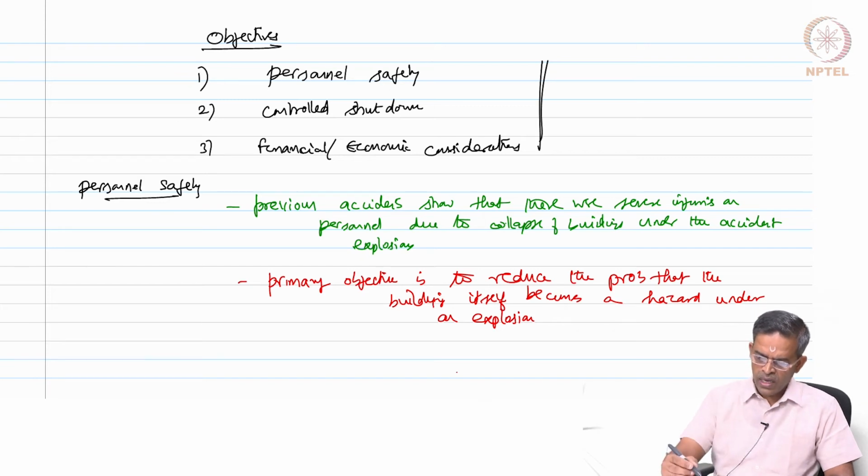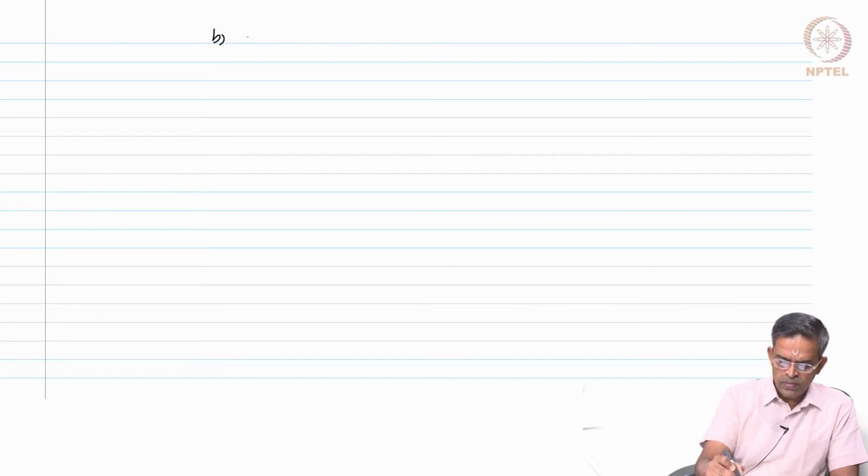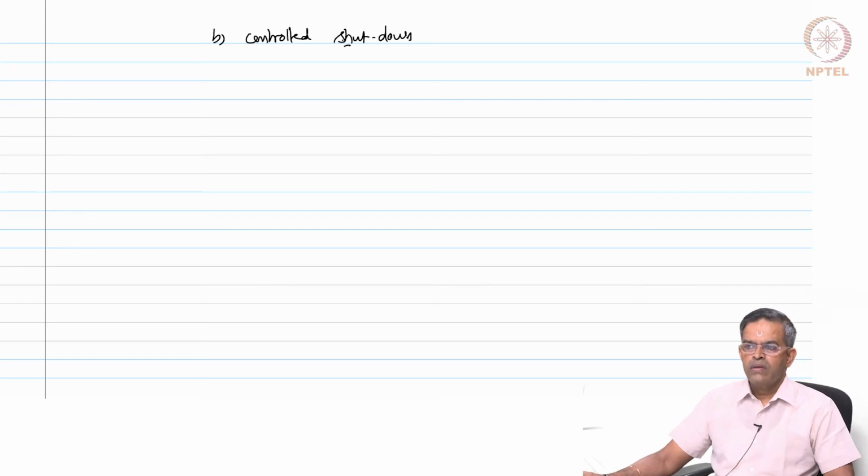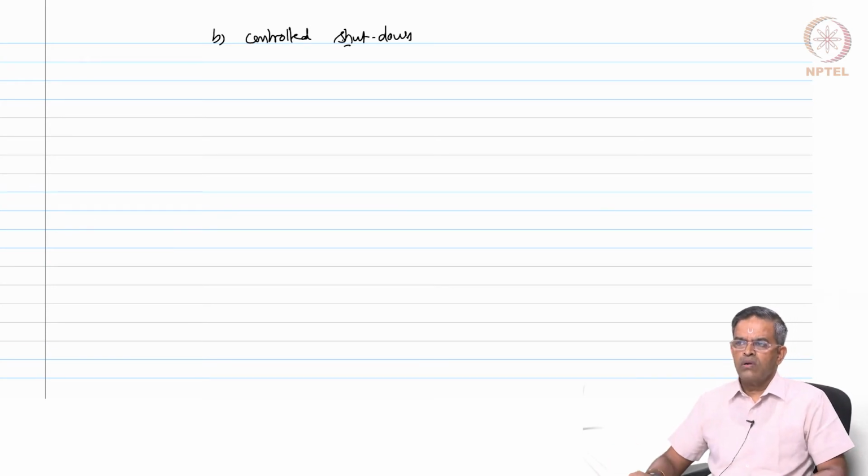Okay. The second one is what we say as controlled shutdown. The controlled shutdown refers to the objective of avoiding the loss of the control of process units that are not involved in the event.